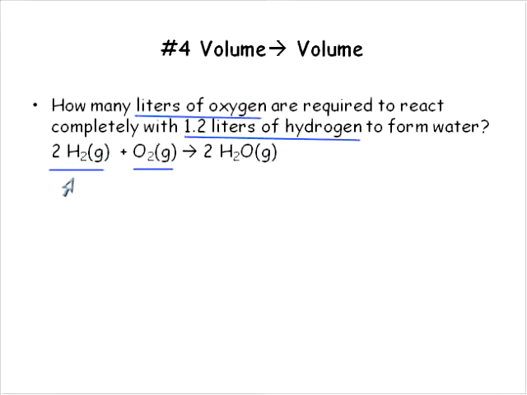So we use our recipe for the mole ratio. And also, we have to remember 1 mole of any gas is equal to 22.4 liters. So we're going to use that to convert liters to moles and moles to liters.